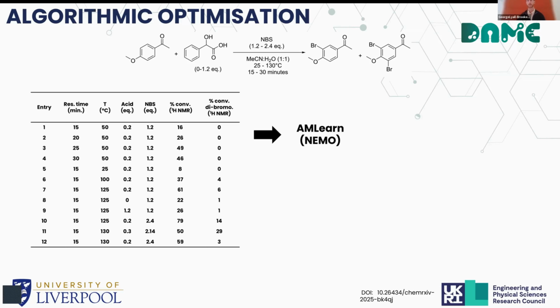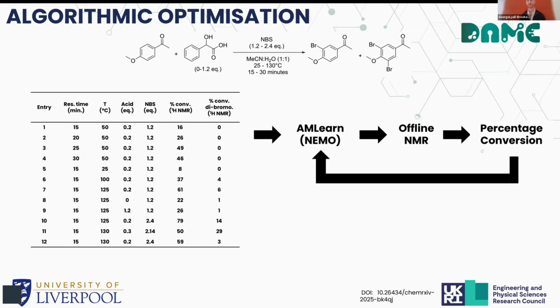We then manually carried out these reactions using our flow reactor, and conducted offline NMR analysis to generate a percentage conversion for each reaction that could be fed back into the algorithm in an iterative manner, generating the next set of experimental conditions to carry out.